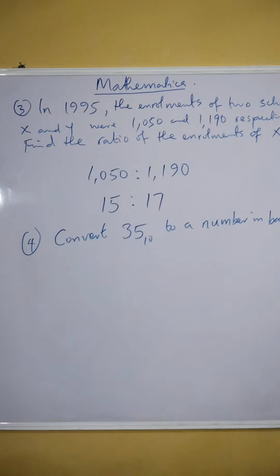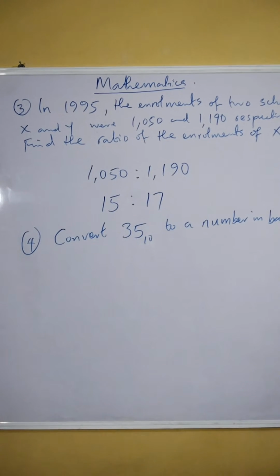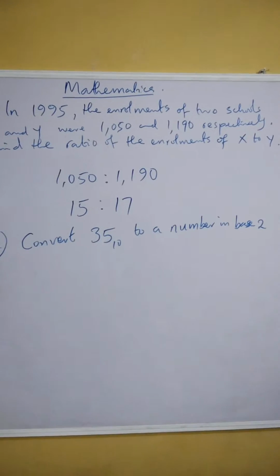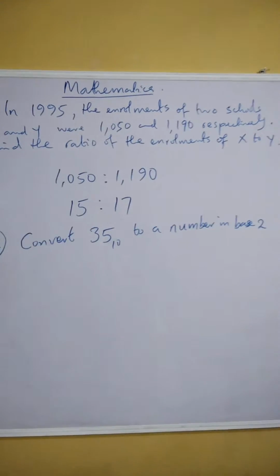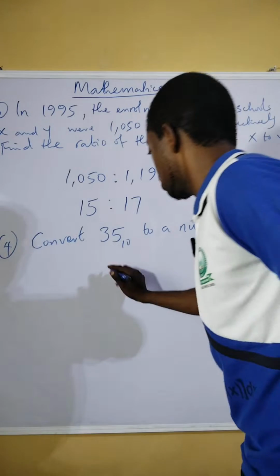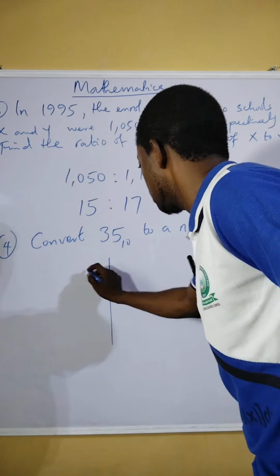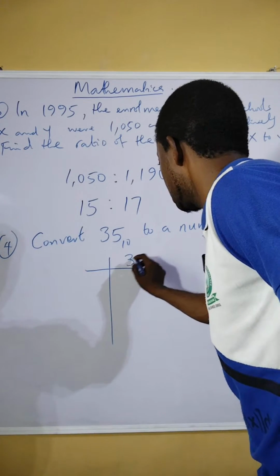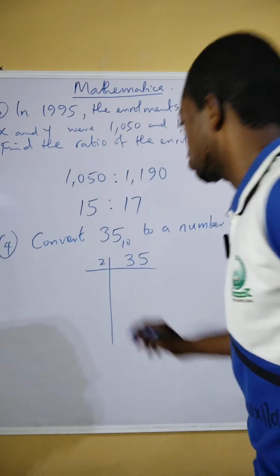So conversion from base 10 to base 2 here. Here we tabulate and we divide by 2, which is the base.